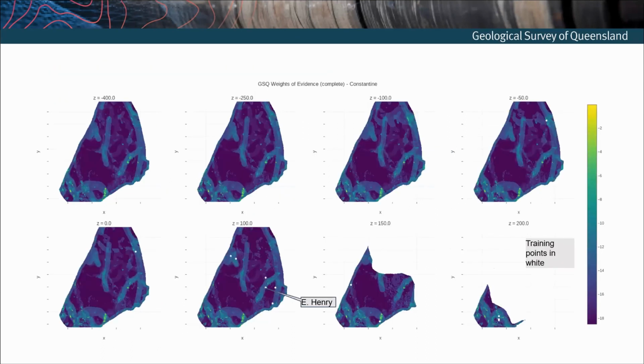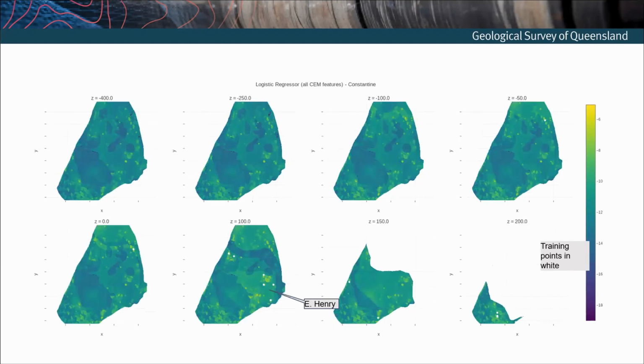Just on that, using the same color stretch, this is our weights of evidence output from the Quamby model, with the training points in white, really hard to see in some of these models, versus the logistic regression model for the Constantine domain.